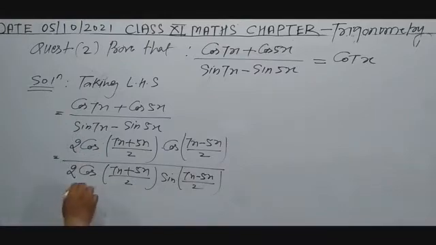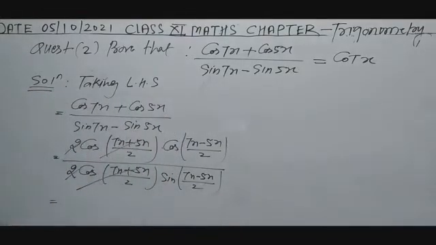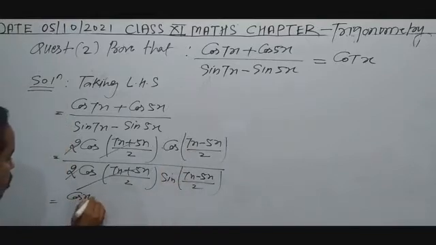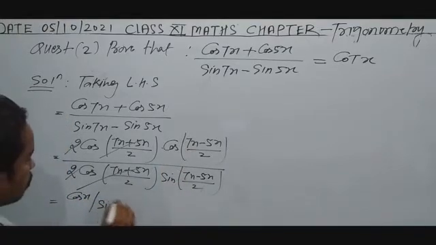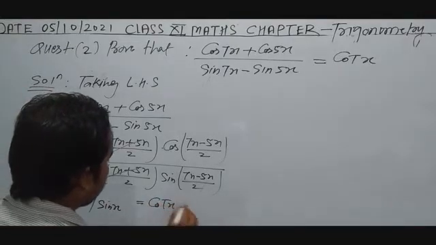Now this term will cancel out, and the result is cos x upon sin x, and this result will be cot x. Hence proved.